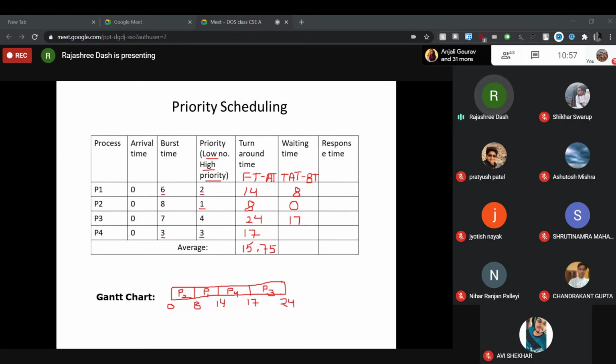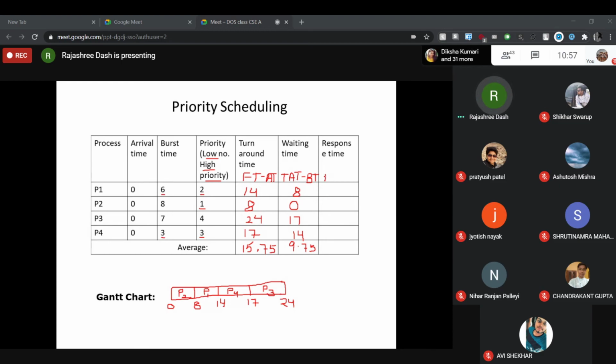For P4, 17 minus 3, that is 14. So what is the average value? 39 by 4, that is 9.75. Very good, 9.75. Now, let's find out the response time.